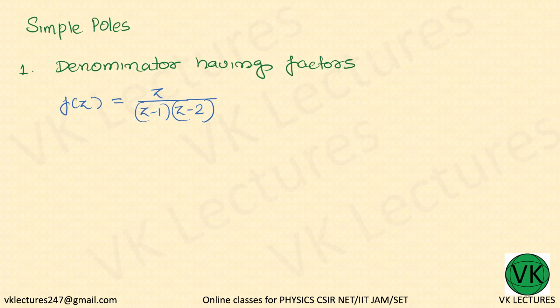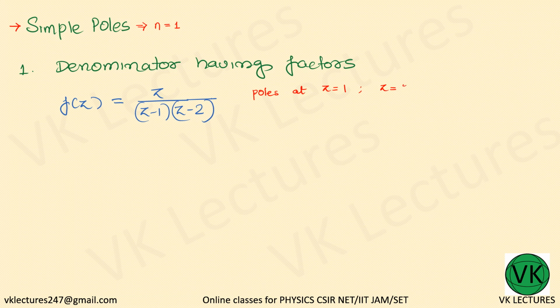Now let's do a problem based on simple poles. Simple poles means the pole is of order 1, and the type of question is where the denominator is in the form of factors. So f of z is z by z minus 1 times z minus 2. Here the poles are at z equal to 1, where the function is not defined, as well as at z equal to 2.